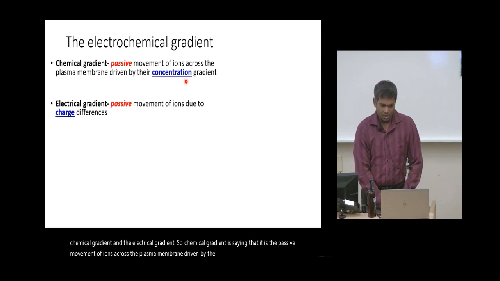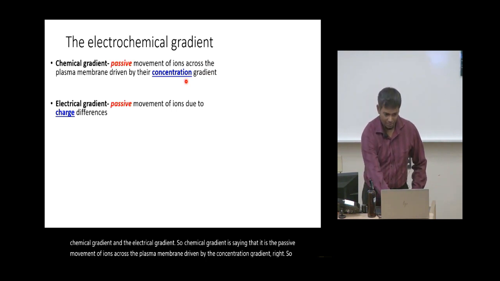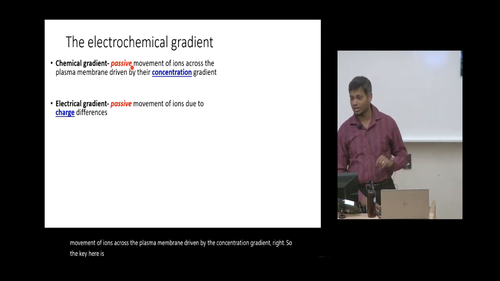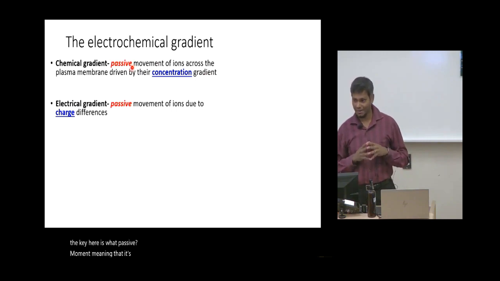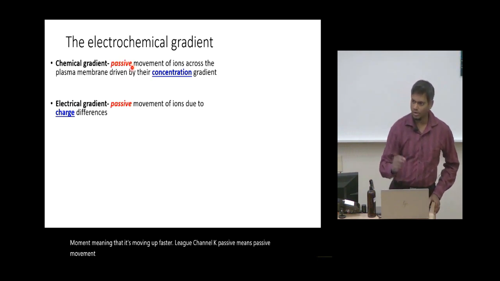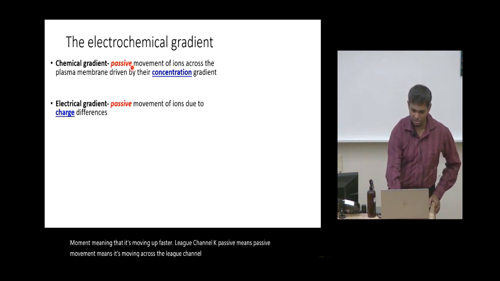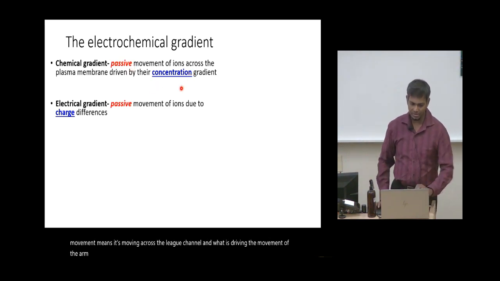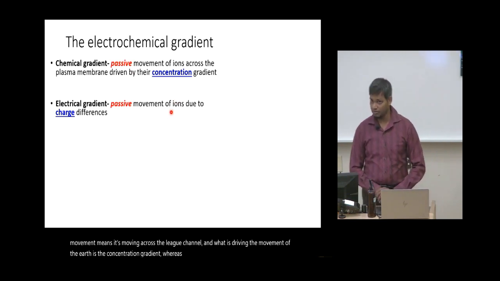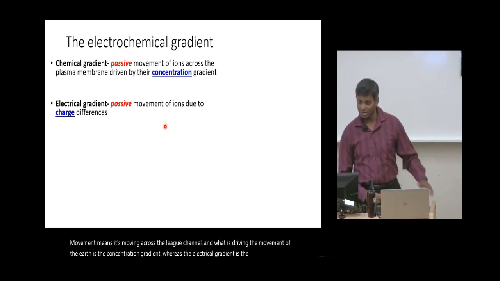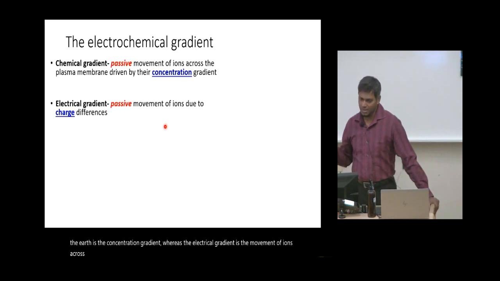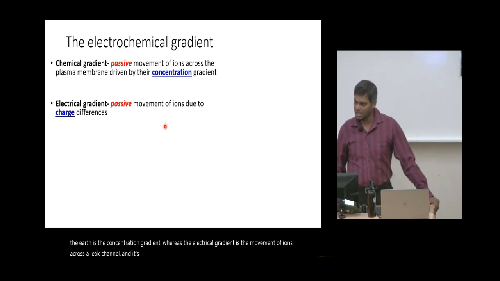The key here is the word passive movement, meaning that it's moving across a leak channel, and what is driving the movement of the ions is the concentration gradient. Whereas the electrical gradient is the movement of ions across a leak channel, and it's mediated by the difference in charges.